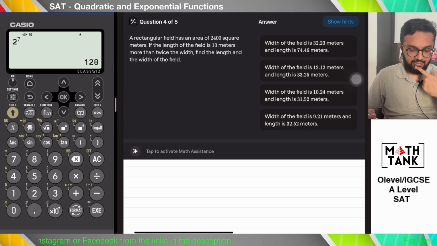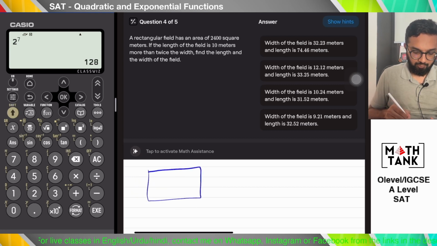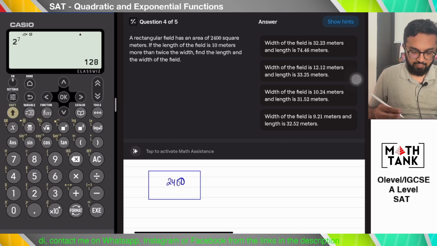Question number 4 says a rectangular field has an area of 2400 square meters, and the length of the field is 10 meters more than twice the width. So let's call the width x. So the length should be 2x plus 10.